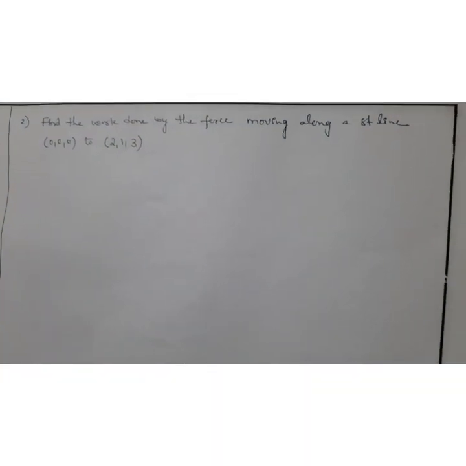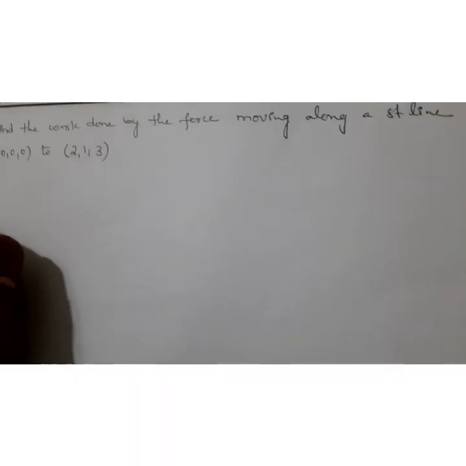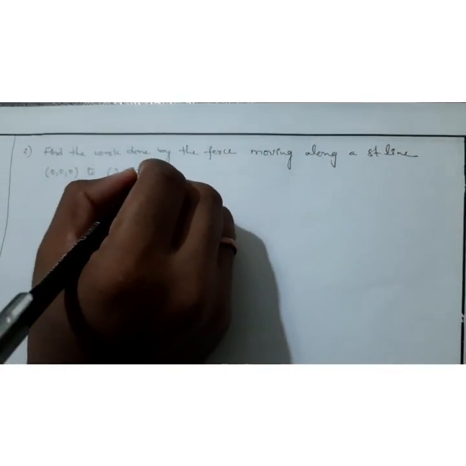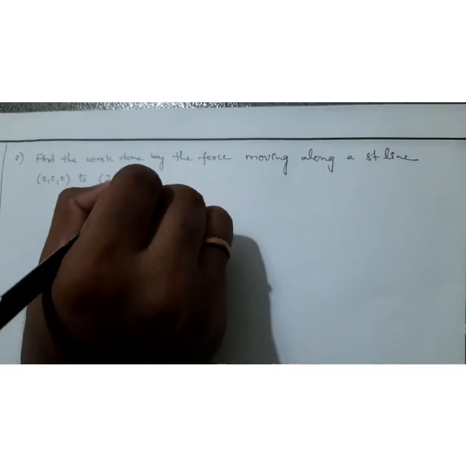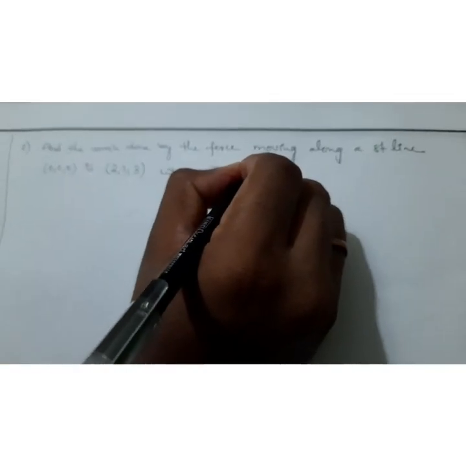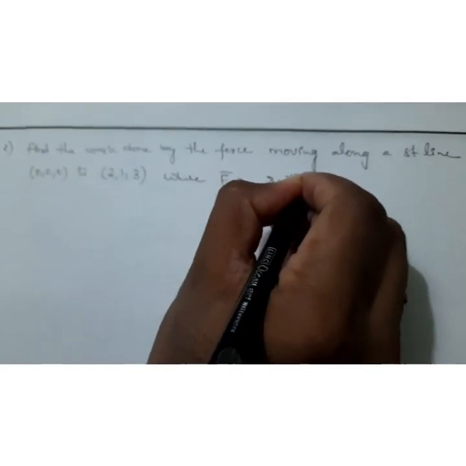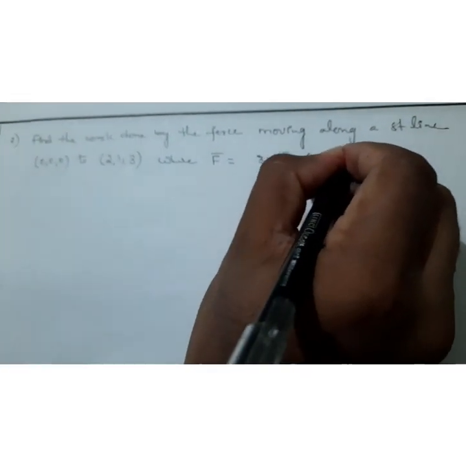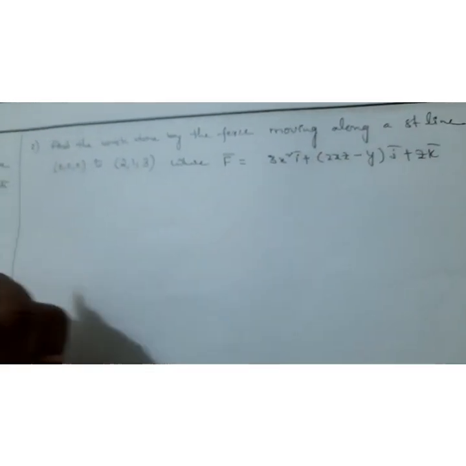The force vector F bar is equal to 3x square i bar plus 2xz minus y j bar plus z k bar.